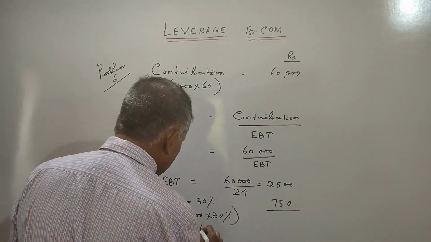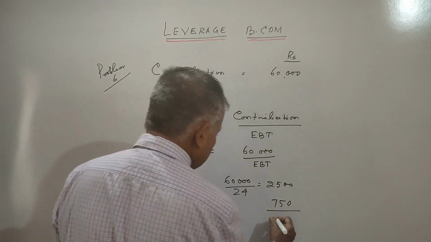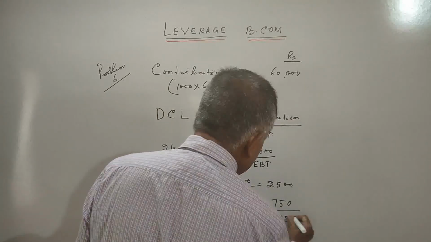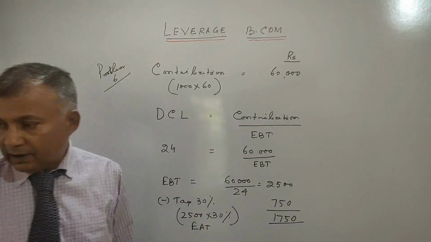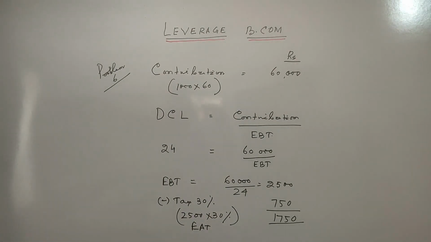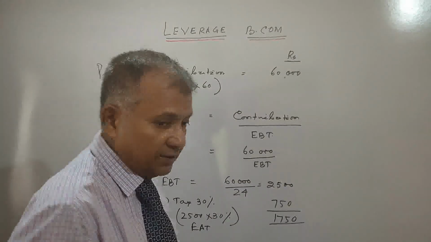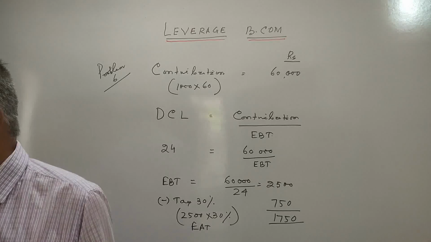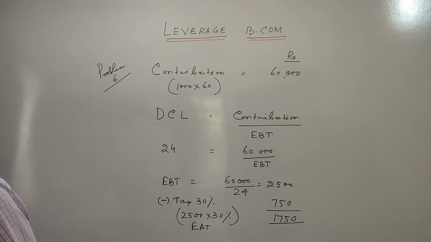So earnings after tax will be 1750. Earnings after tax will be 1750. Right? So this is the solution of your problem number 6. And I hope you have understood the problem.